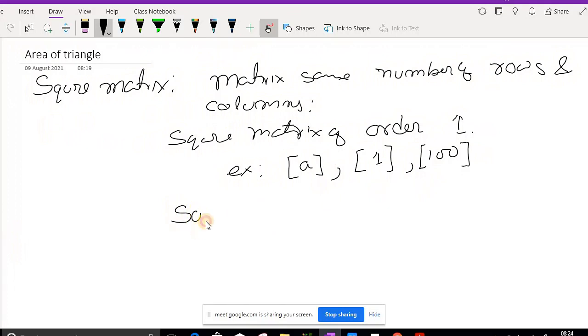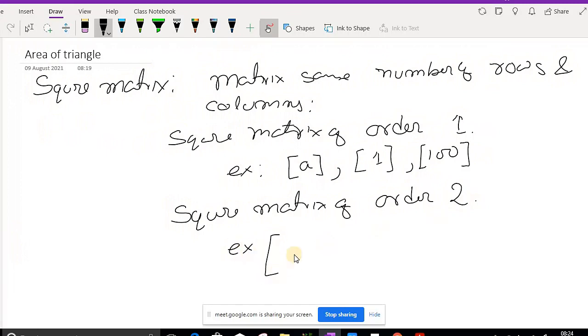Similarly, take a square matrix of order 2. For example, 1 1 1 0. This is a square matrix of order 2 because the number of rows is 2, R1 and R2, and the columns are C1 and C2, column 1, column 2, row 1, row 2.